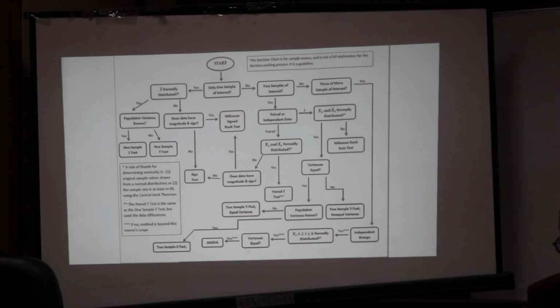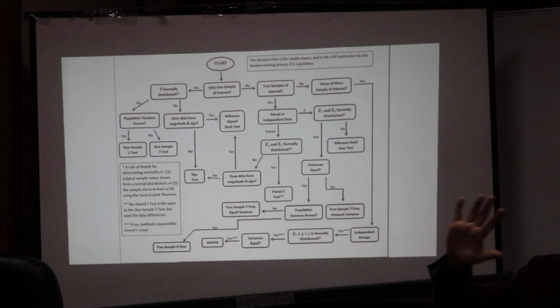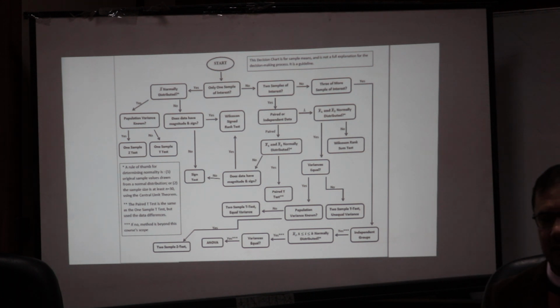And if we have more than two groups, we may use ANOVA. And if we don't have a normal distribution, we will end up using non-parametric tests such as the Wilcoxon rank test. I know it's confusing, but you can use it because it will take you step by step.